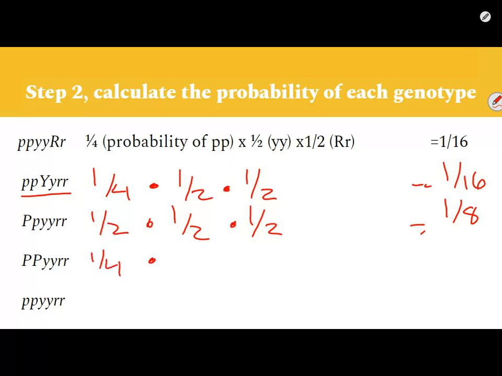Little y, little y? Little r, little r? This gives us 1/16. And our last one, little p, little p? Little y, little y? Little r, little r?